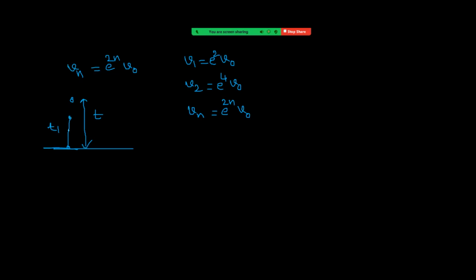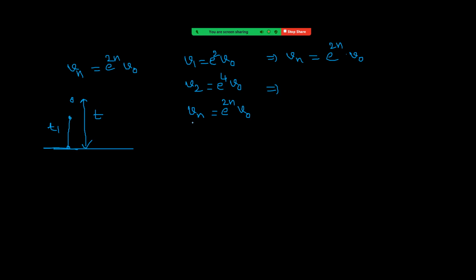Again to come back, it will take time t1. Next t2, again t2, right? So here what I can do is Vn equal to e power 2n into V naught. In the place of Vn, I can write velocity equal to gt, right? Velocity equal to gt because it is now a freely falling body.